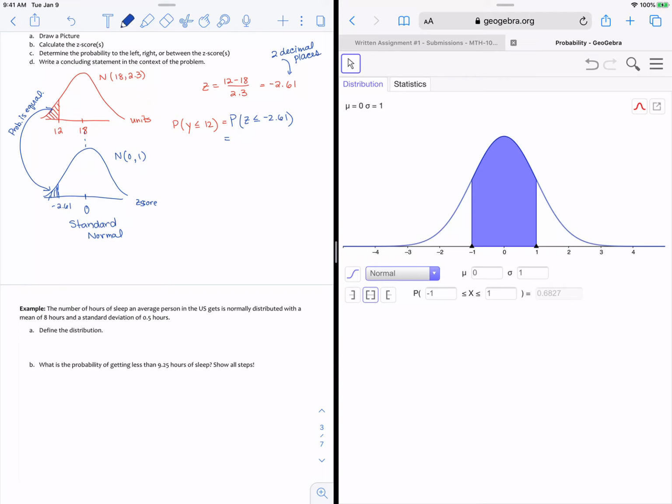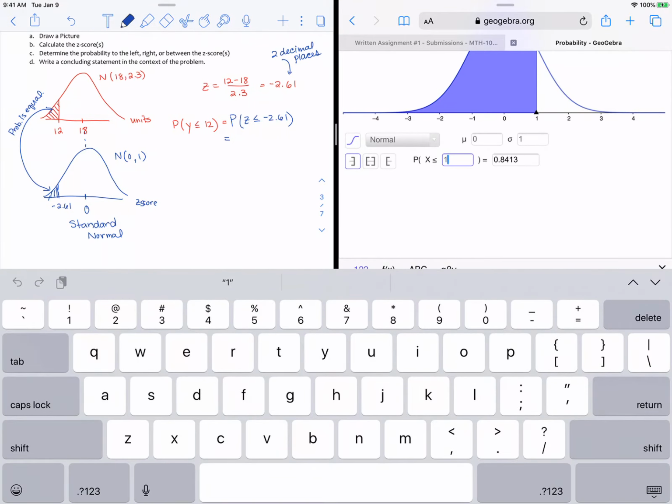All right, and we want to do less than, so we're going to change this to less than rather than between two values. The shading should have a change as well to illustrate that. And we are looking for less than or equal to, again, in terms of z-scores, a negative 2.61. Okay, and then actually I'll press enter.